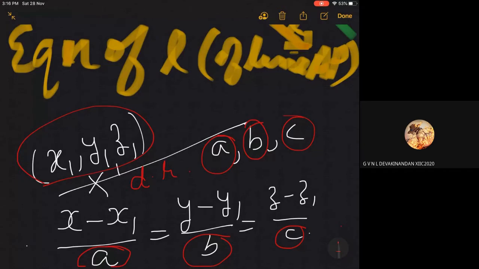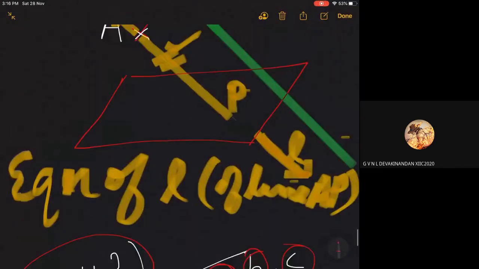So given a point and the direction ratio of the line, you can easily write the equation of the line.